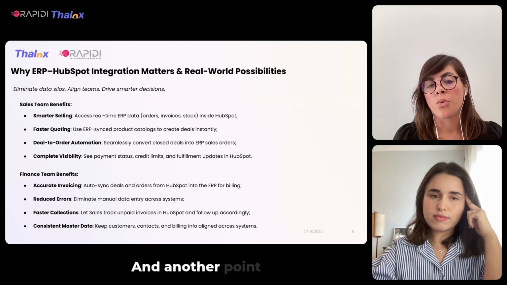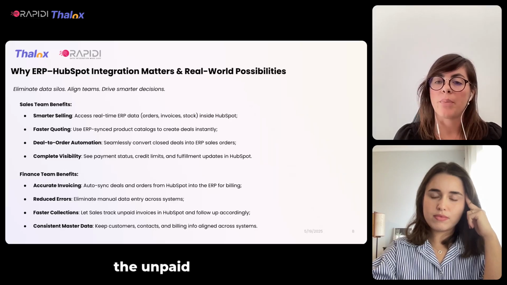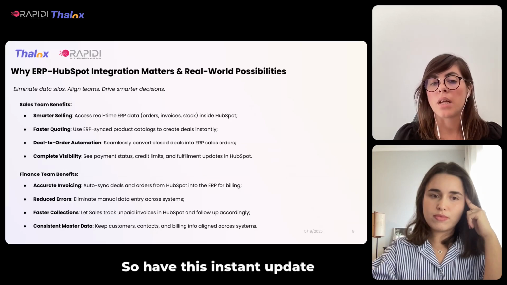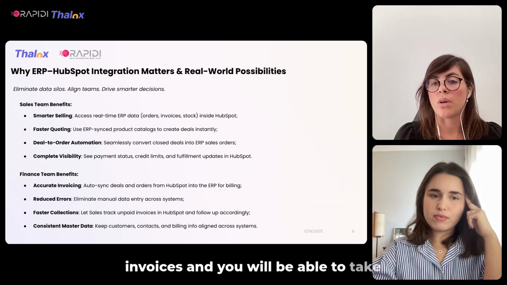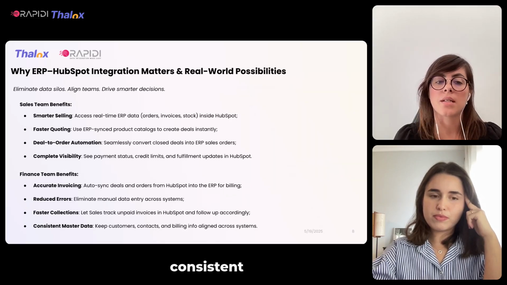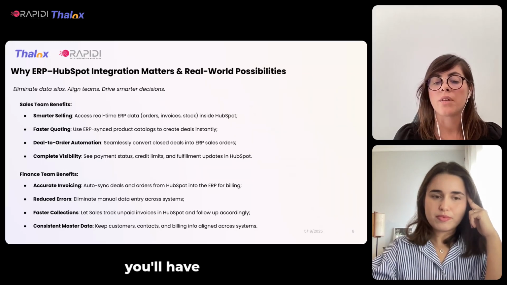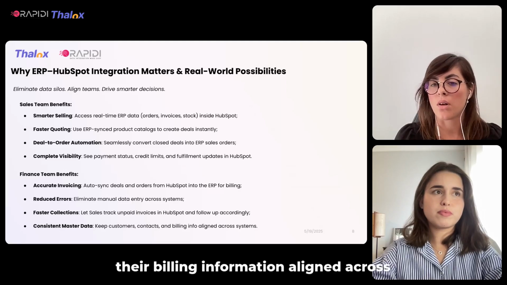Another point would be faster collections. Of course, you will be able to track the unpaid invoices and follow up. You have this instant update on all the invoices, and you will be able to take action. And then, of course, they will have consistent master data. This is very important because you'll have customers, contacts, and their billing information aligned across systems.